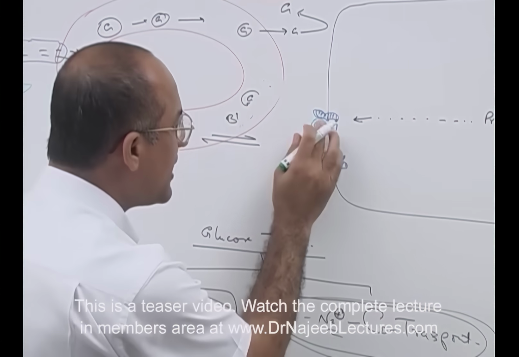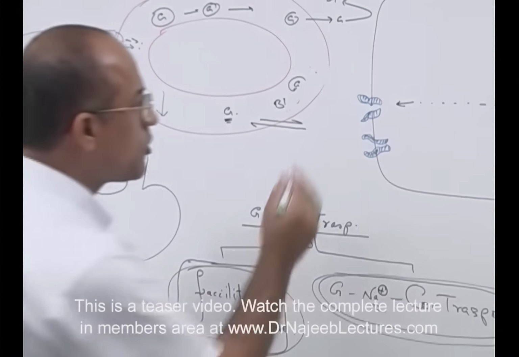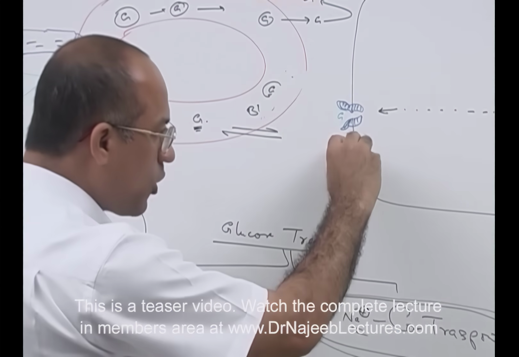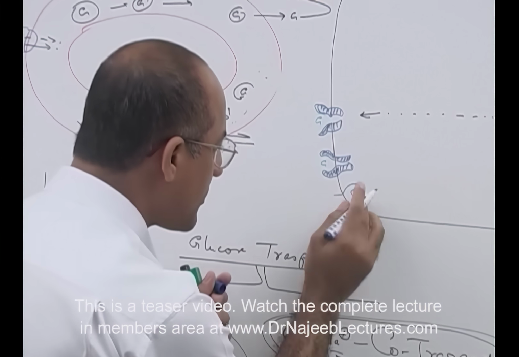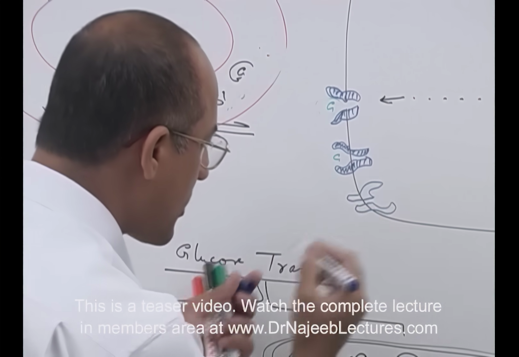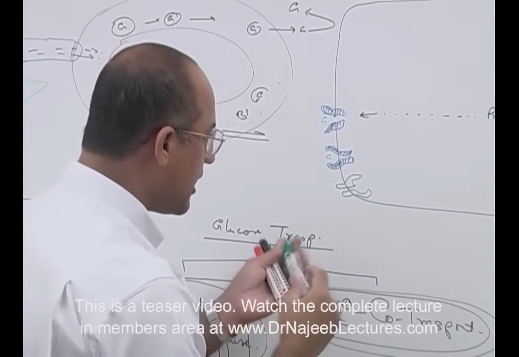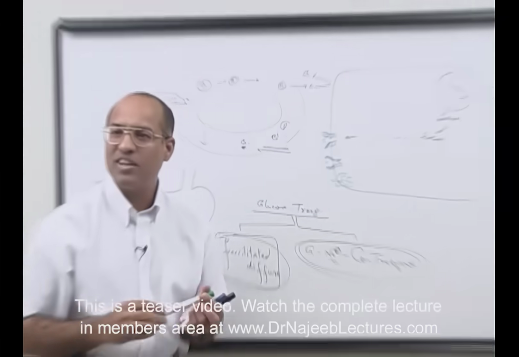So as long as there is no glucose here, this mouth remains open. As soon as glucose gets stuck here, what will happen? They will close this side and open from the other side, and they will open their mouth from this side, and glucose will now shift inside.